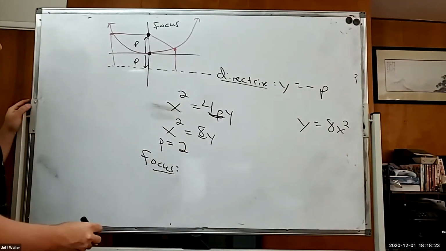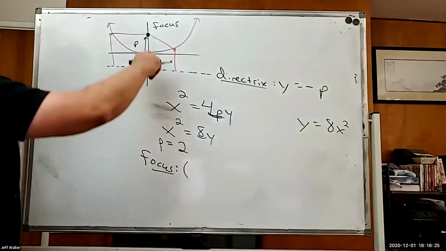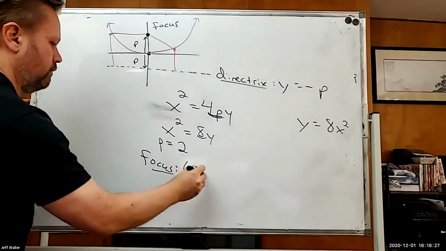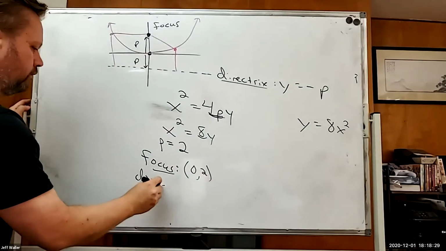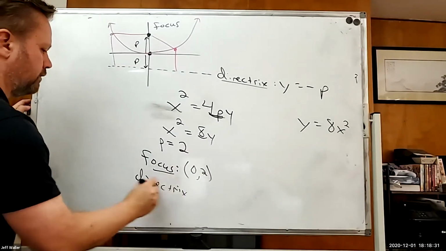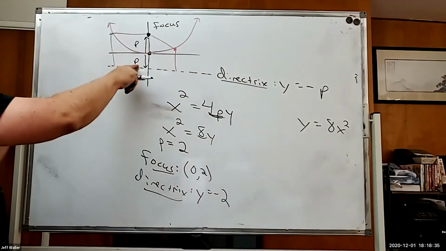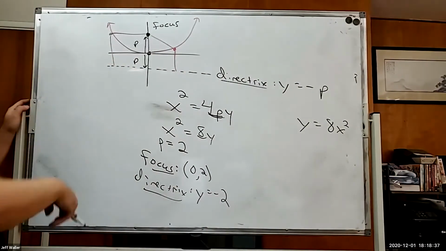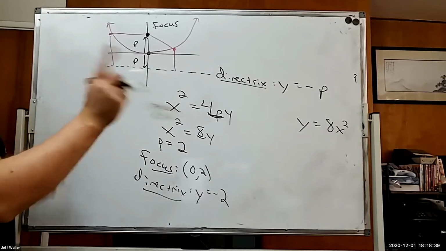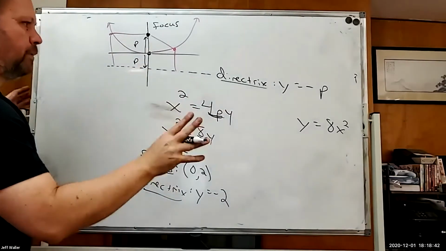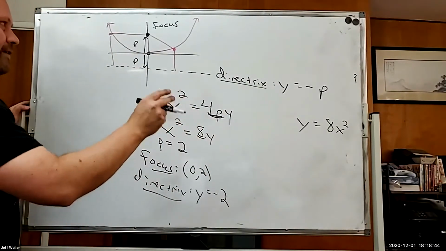I gotta tell you. So the focus would be at (0, 2), and the directrix would be at y equals negative 2. So it basically looks exactly like this, where that's 2 up and 2 down. Here's another really nifty happenstance.